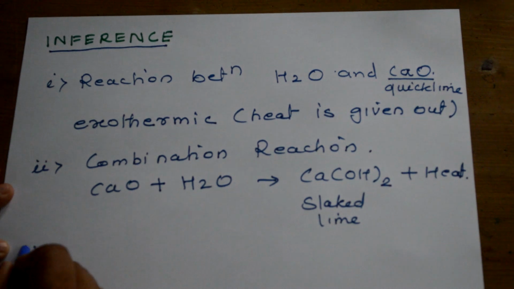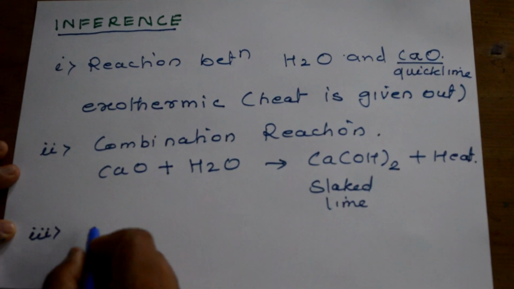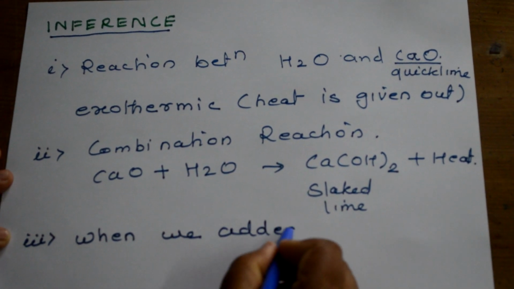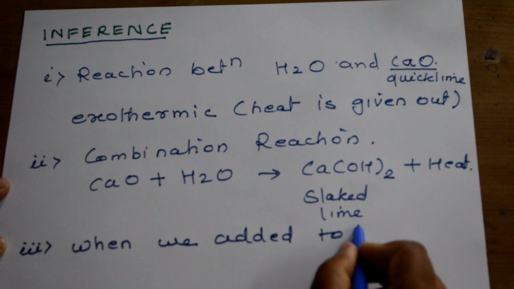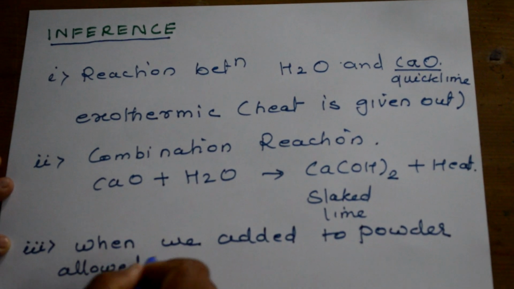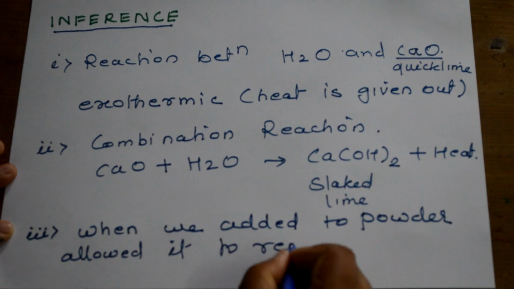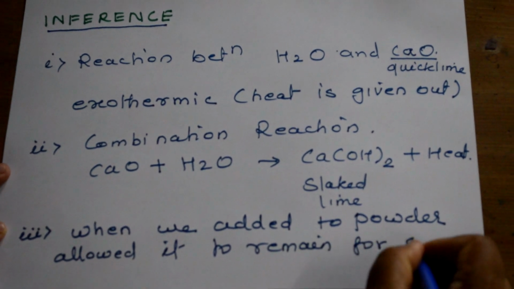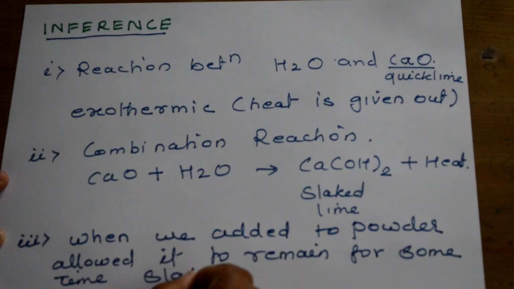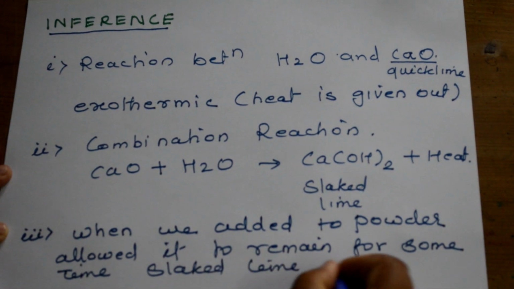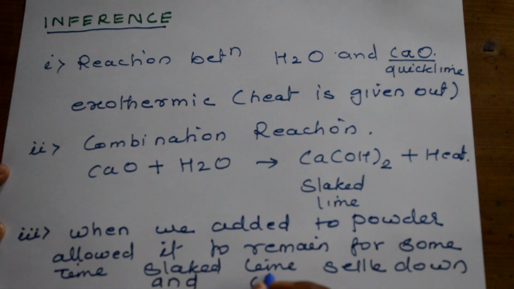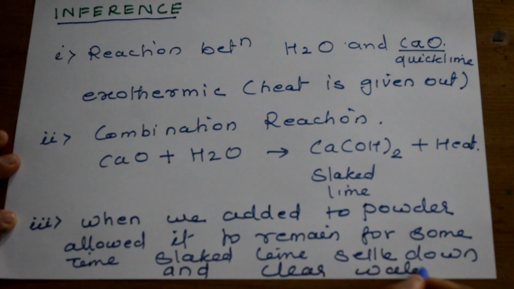Now the third we will see: when we added water to the powder and allowed it to remain for some time, slaked lime settled down. And clear water is seen.